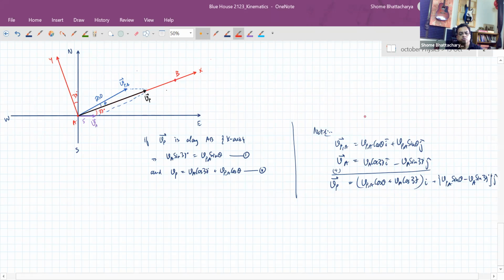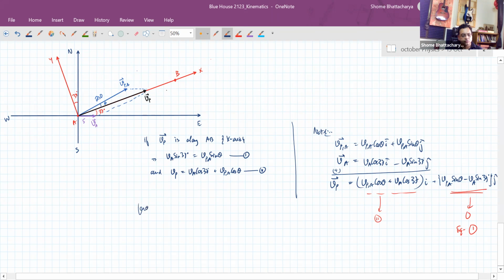Now this term, we want it to be 0, so that the net velocity is only along this direction. So that's how we are getting equation 1. And then the net velocity becomes this, so that's coming in equation 2.